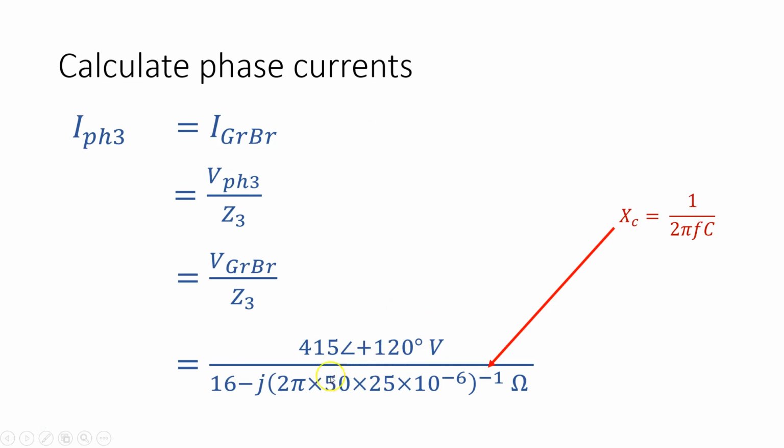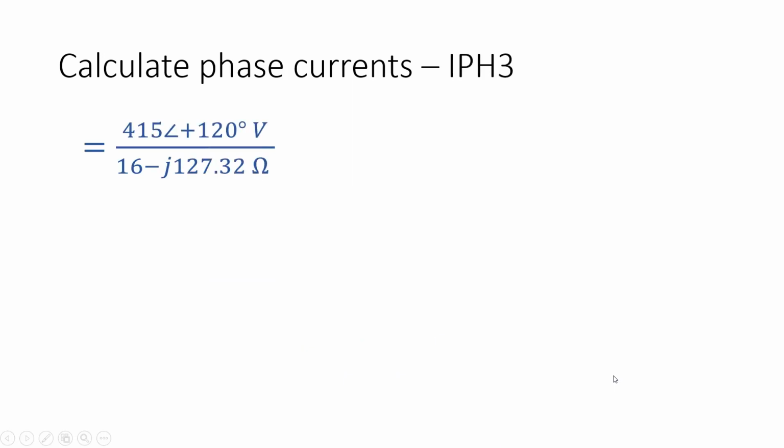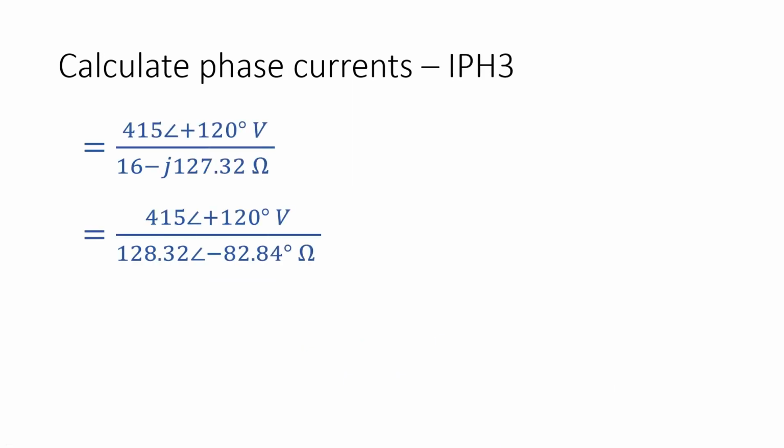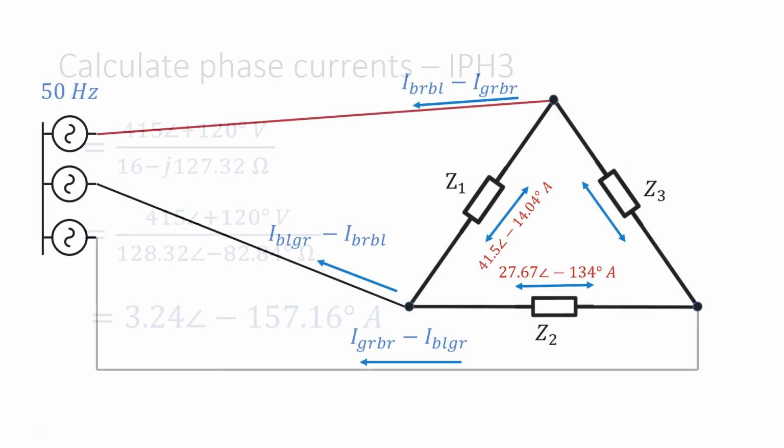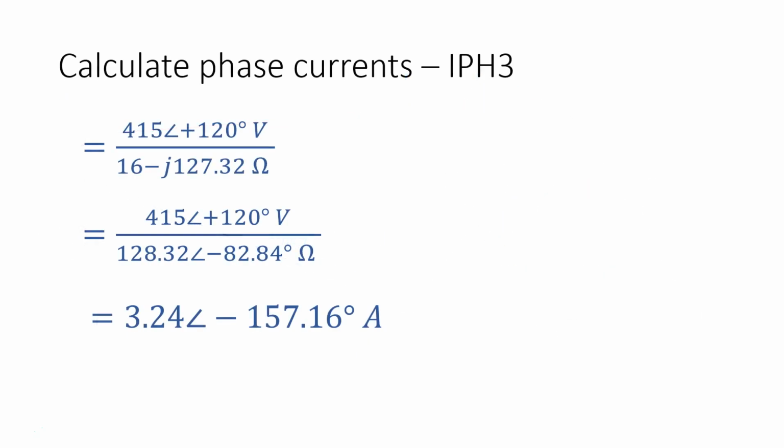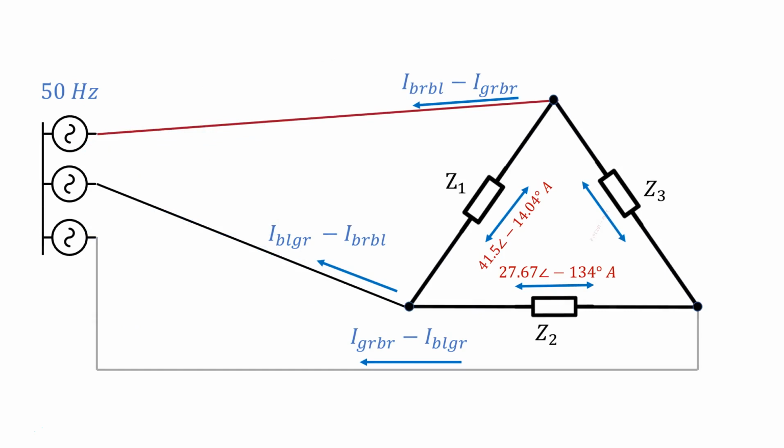So we've got 2 pi times the frequency times the capacitance value, and it's 1 all over that. So when you do the calculation and whittle it down, we get the rectangular form, we've converted it to our polar form, and now we've got 3.24 at minus 157.16, and that's got phase 3 current.